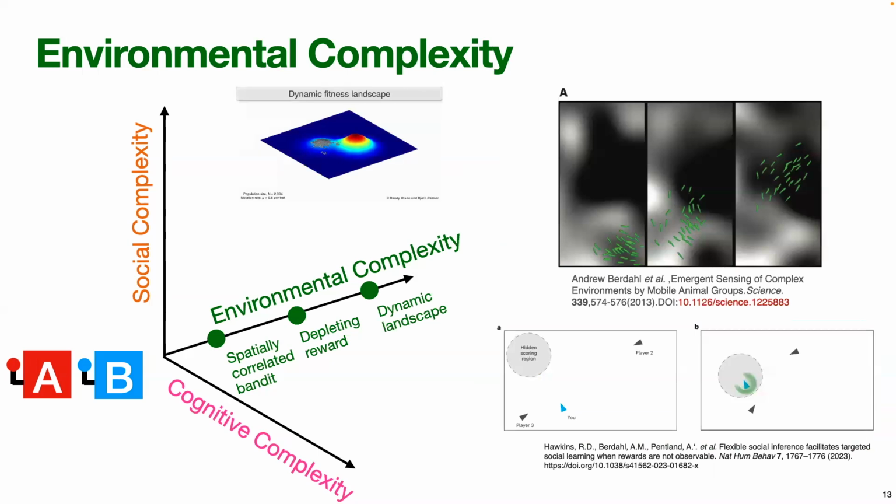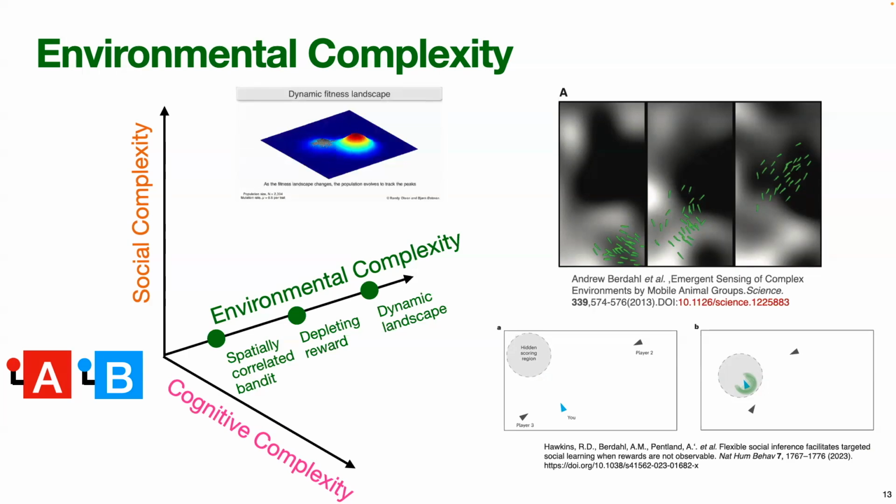And you can even go further, to more complicated ones, where not only is the payoff socially dynamic, but the payoff itself could be dynamic for many other reasons. And then you can think about how we, or an animal group, can keep track of environmental change by chasing the changing environment.